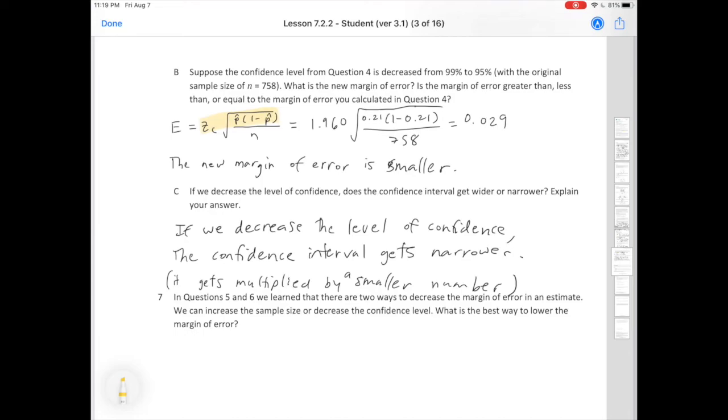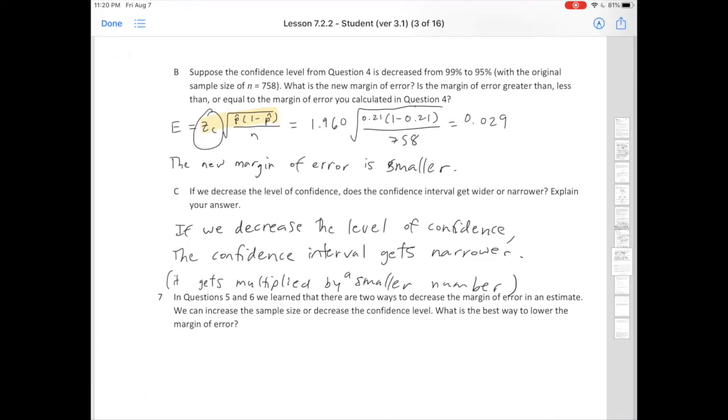You notice that this is being multiplied by ZC. So what this is saying is that if I were to take my ZC right here and make it smaller, then of course this whole thing would get smaller because I'm multiplying everything by ZC, right? So if I make that guy smaller, then the whole thing gets smaller.